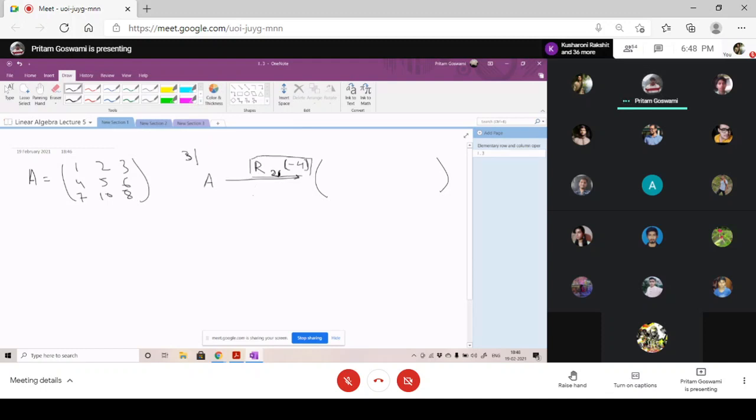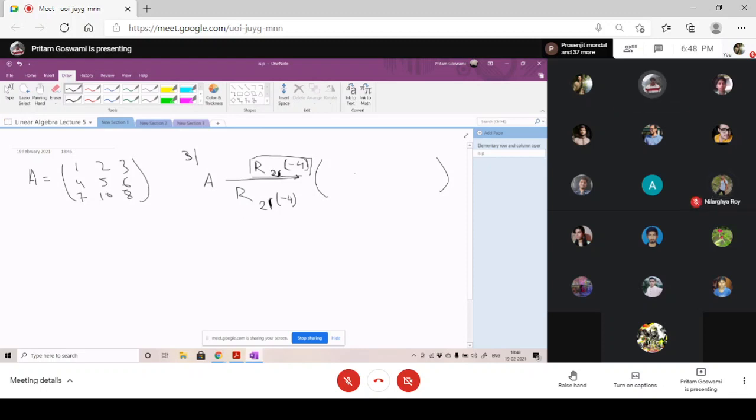This means R1: 1 means you are multiplying the constant with the first row. And what is the constant? The constant will be in the brackets, say -4. And with which row are you adding after multiplying? Suppose you want to add it with the second row. Then you write it like this. Clear?